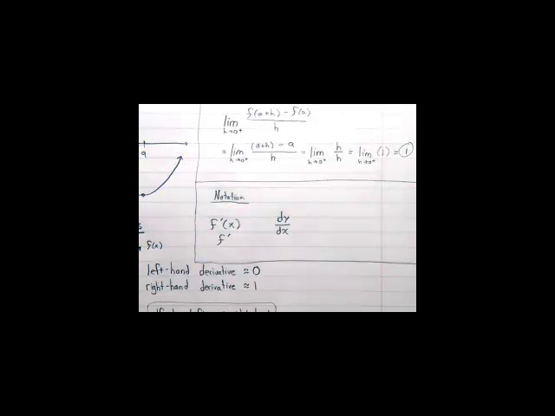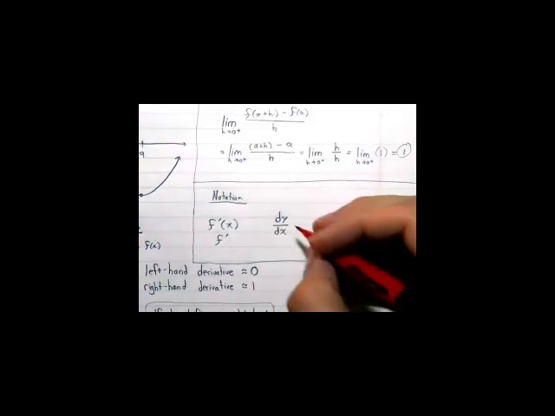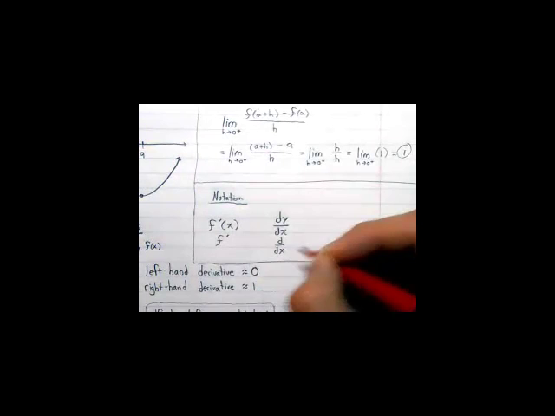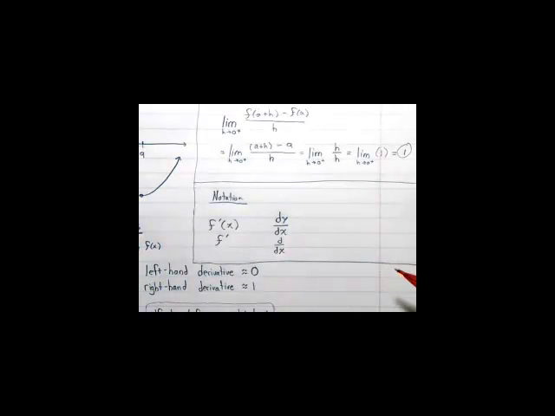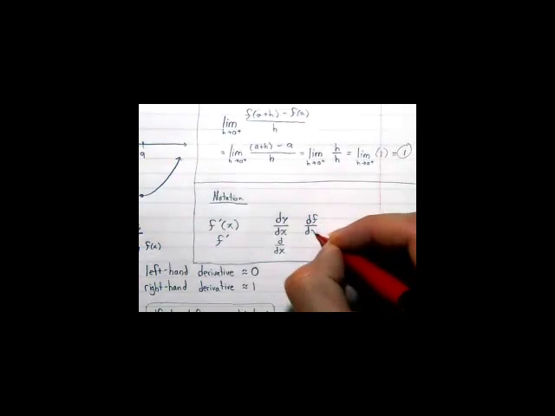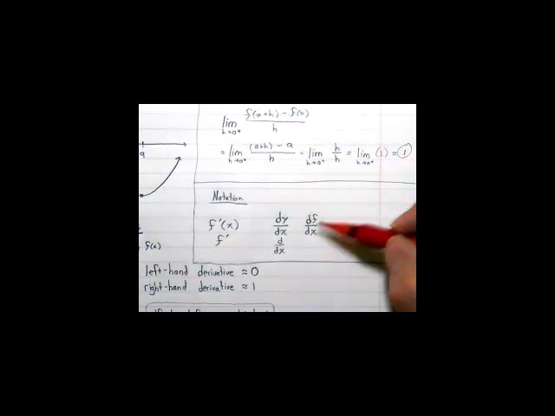Another way that he does his notation, depending on what you're doing, you might see it written simply as d dx. Okay, so dy dx or d dx. Another way that he did it would be df dx. So instead of talking about y and x, it's a function versus x.